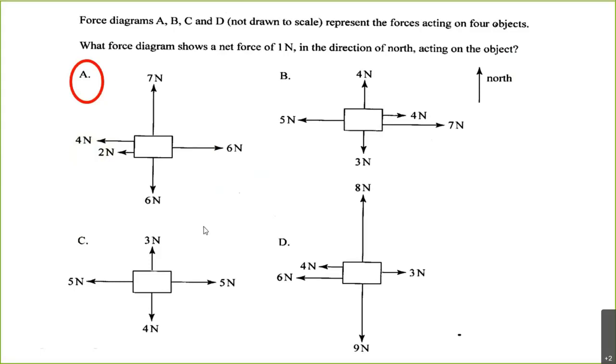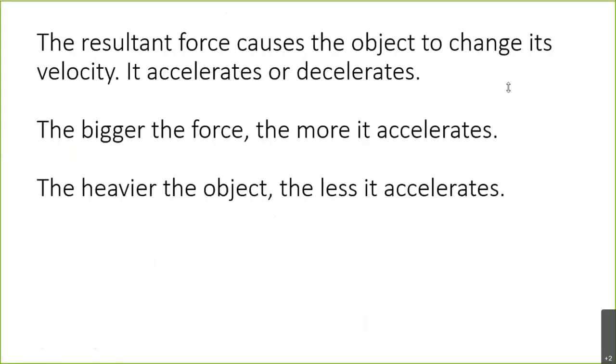Okay? So the resultant force causes the object to change its velocity. It accelerates, which means to speed up, or it decelerates, which means to slow down.